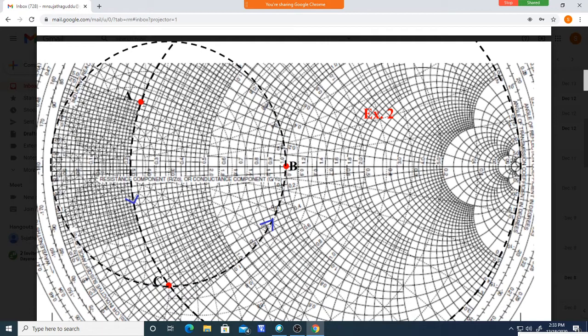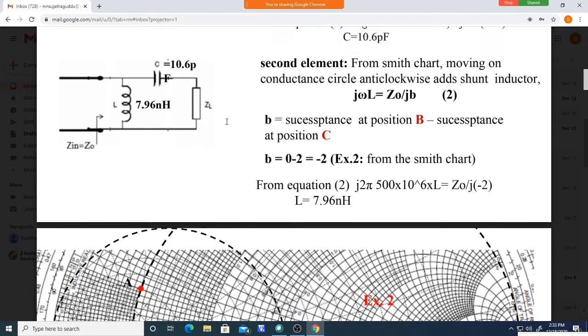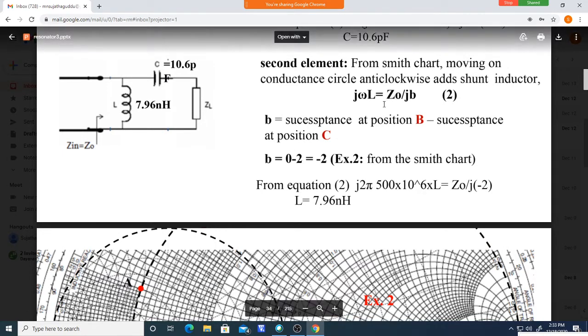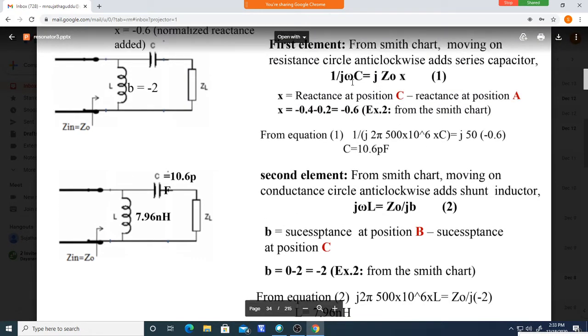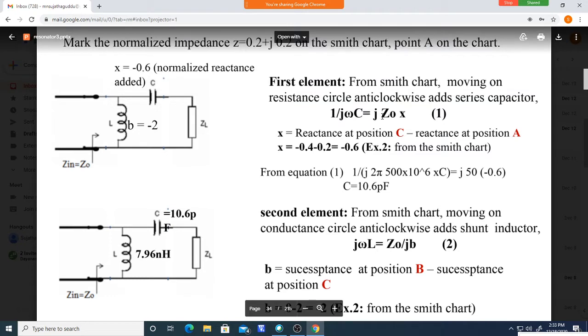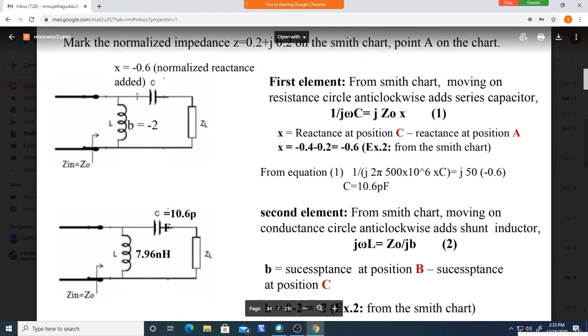So you should know how to calculate that. I have already given the equations. For the series capacitor, the expression is here: j omega C is equal to 1 by Z naught into X. This is the first element, a series capacitor.